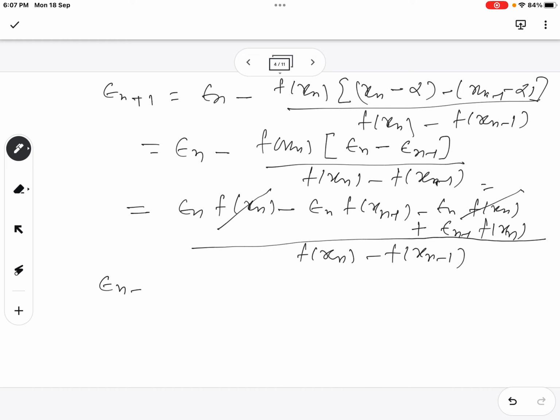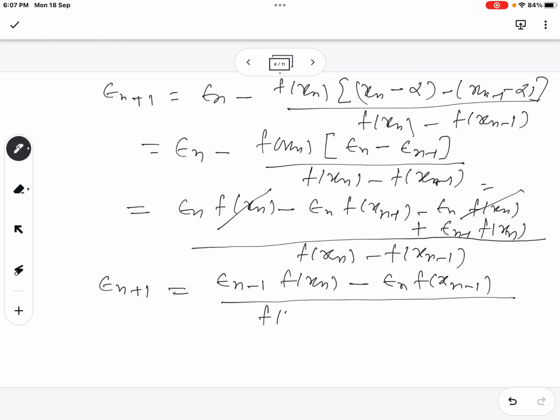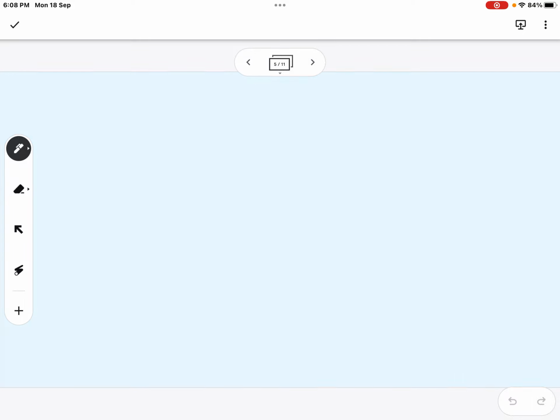So I can write it as (n-1)th error into f(xn) minus nth error f(x(n-1)) by f(xn) minus f(x(n-1)), and let me say this is equation number 3.